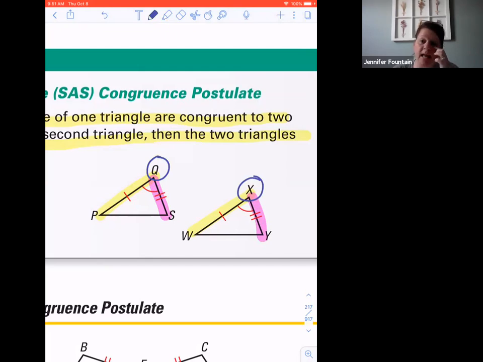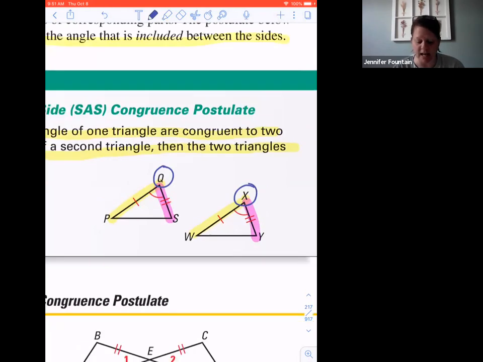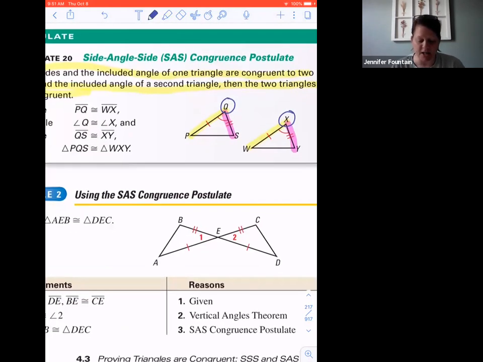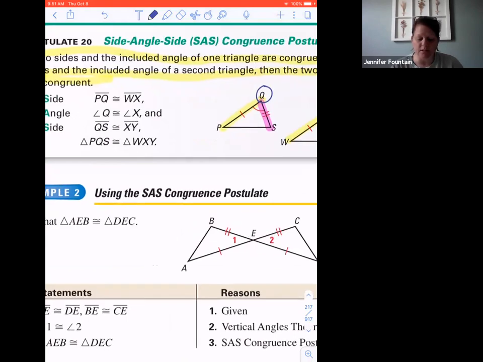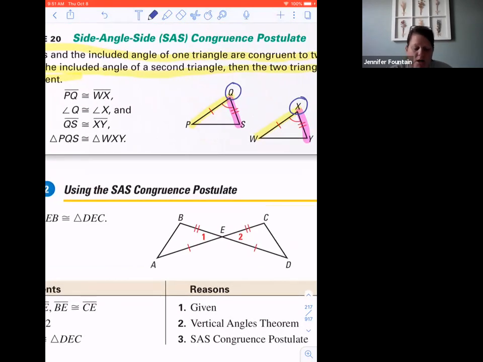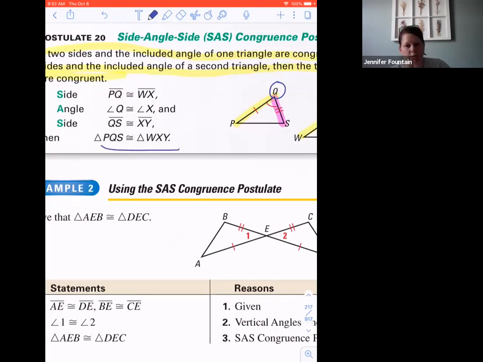The included angle is the angle that is in between the 2 sides. So that's what it means by the included angle. I've got PQ is congruent to WX. Angle Q is congruent to angle X, and side QS is congruent to side XY. Therefore, my triangles are congruent.